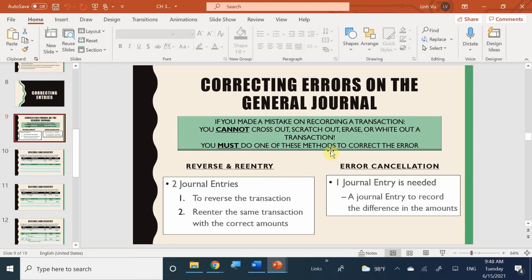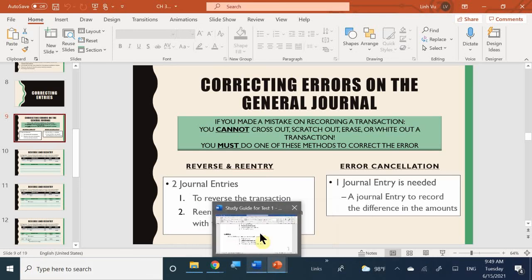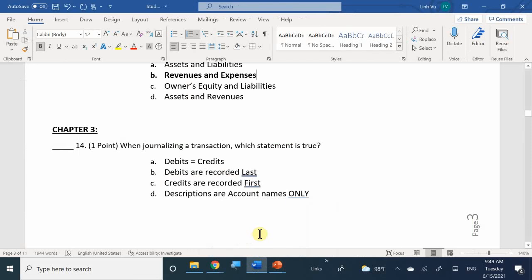We're going to go ahead and go over some questions and then we'll take a break here. So let's see. Question number 14. Okay. When journalizing a transaction, which statement is true?